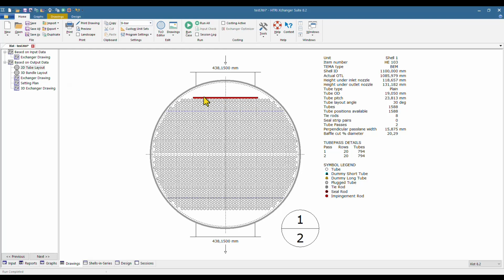you see, in order to accommodate this impingement plate, it was necessary to take out some row or some tube row. Maybe there is the possibility to adjust a little bit the tube sheet layout. We can check.